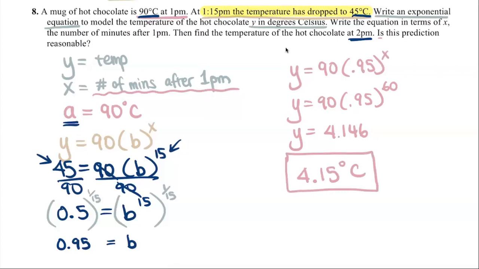All right. So is this prediction reasonable? What do you guys think? You can put that in the chat. Good. Yeah, that is absolutely not reasonable. That's pretty darn cold. Your hot chocolate's not going to freeze if you leave it out, right?